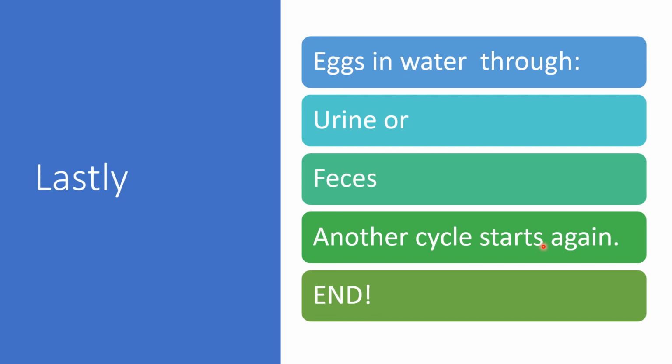But I wish for the human race that anyone already infected with these parasites will have their waste, urine or feces, in the toilet and flushed away, or in some other parts of the world, thrown into the bush, as the case may be.